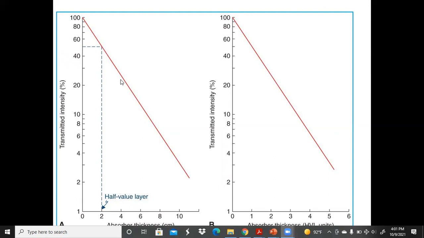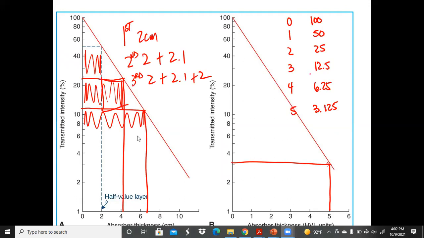You would expect it to go from 50 to 25. And then as you go up to another one, maybe you expect it to go from 25 to 12 and a half, and so on and so forth. Those same types of percentages would be hit with half value layers at 1, 2, and 3, respectively. And you can see how things are divided out here.